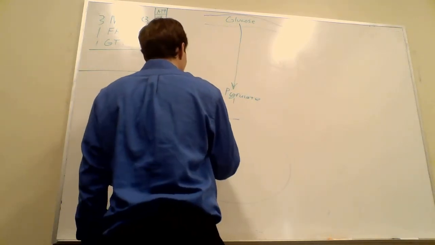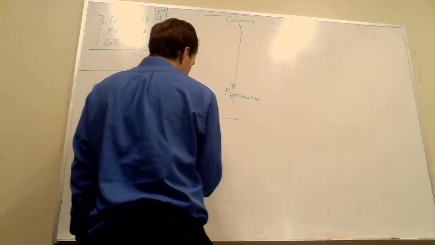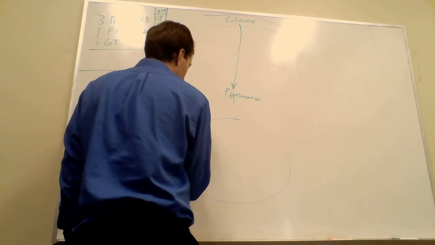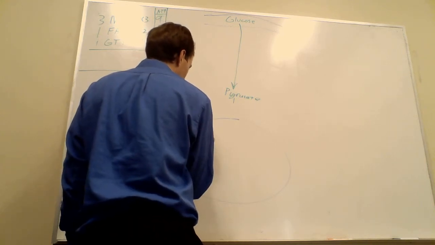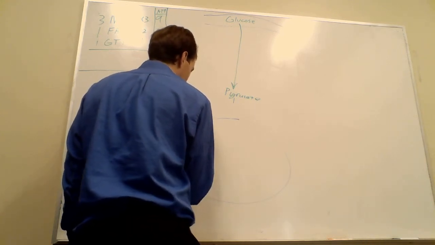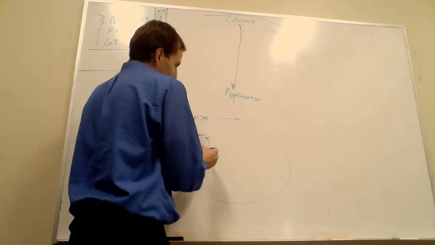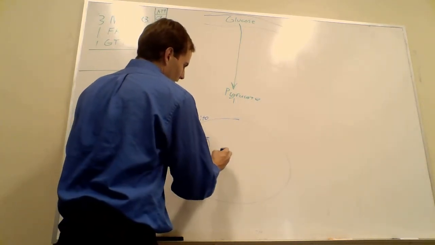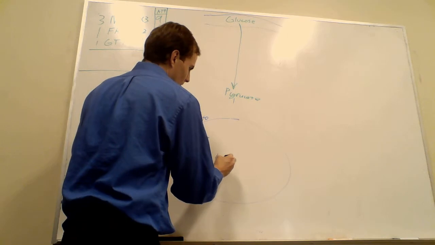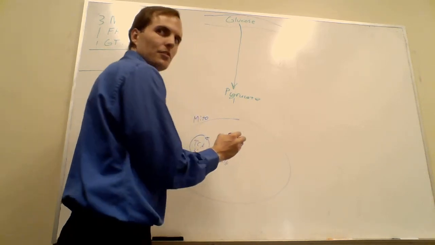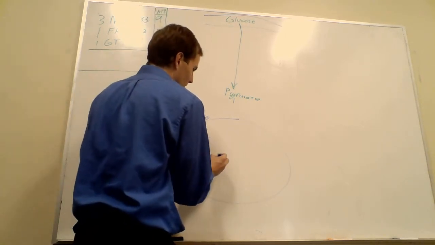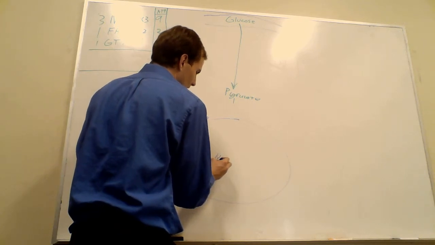Okay, mitochondria again, because this is still inside the mitochondria, and I'm just going to draw the TCA cycle right here in mini TCA. Happy face. And we get from the TCA, without looking, how many NADH? 3. Good. How many FADH2? 2.